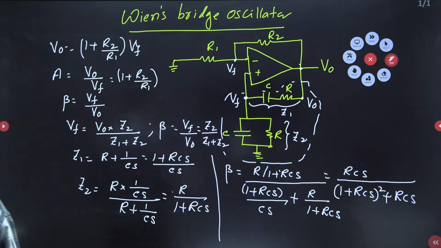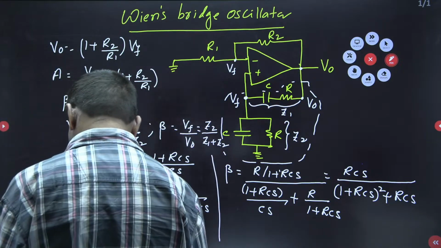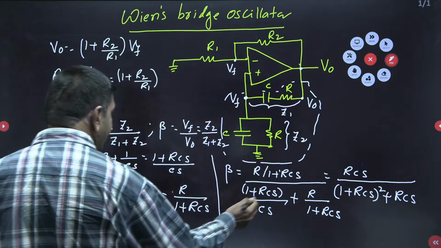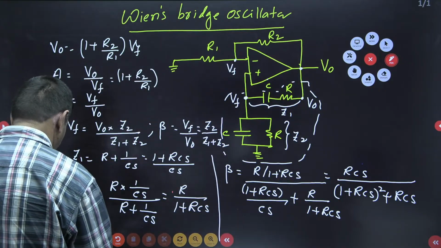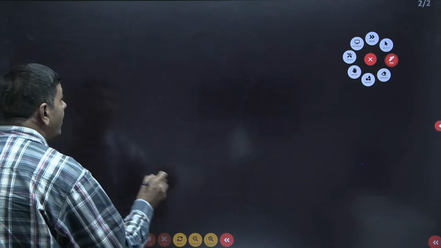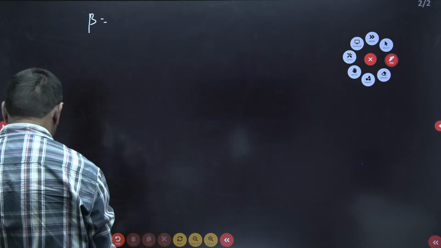How can we expand that now? Please watch. I will try to expand that value. I would like to expand this beta value now. I will write here. Try to understand this clearly. Beta equal to what am I getting here?